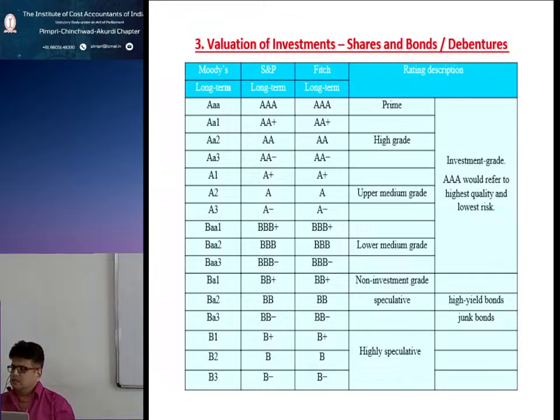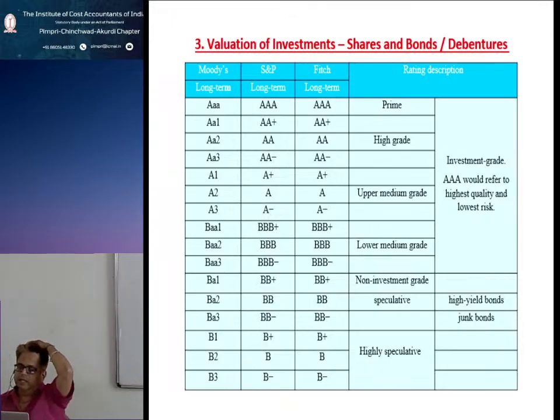So this is the credit rating pattern followed by the three rating agencies. This table has been picked up from the study material itself, and in it, the meanings or interpretations of the various ratings have been mentioned.